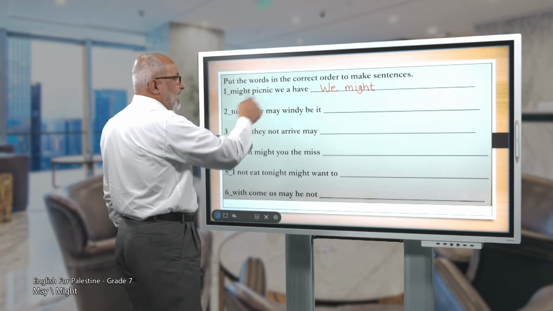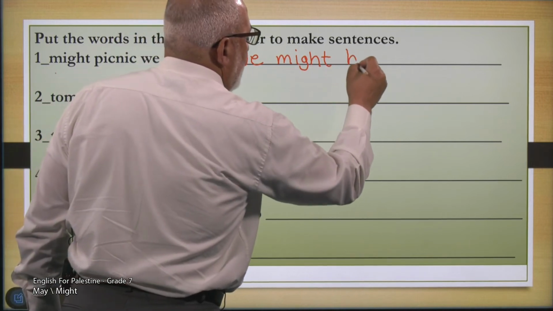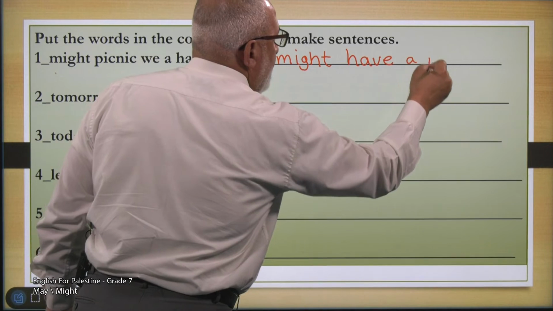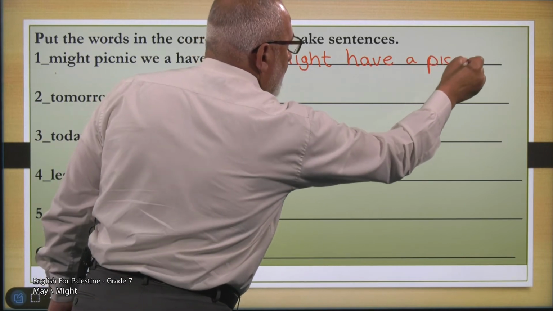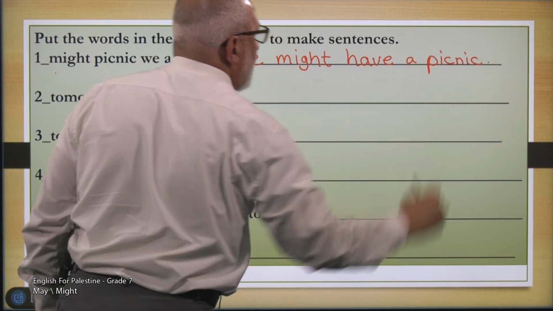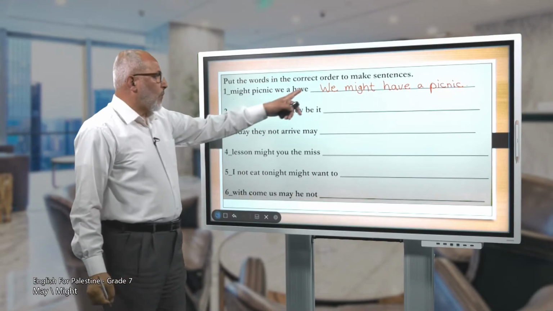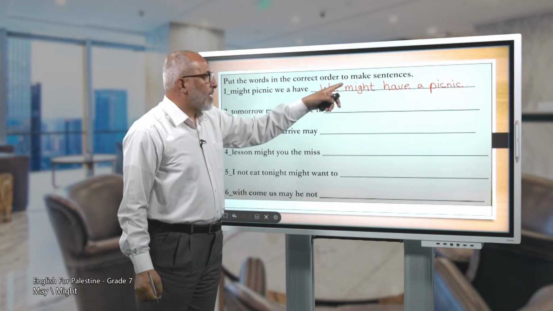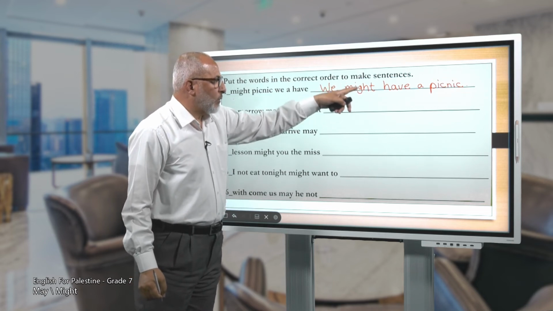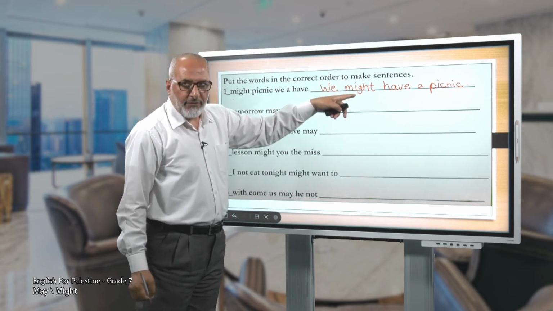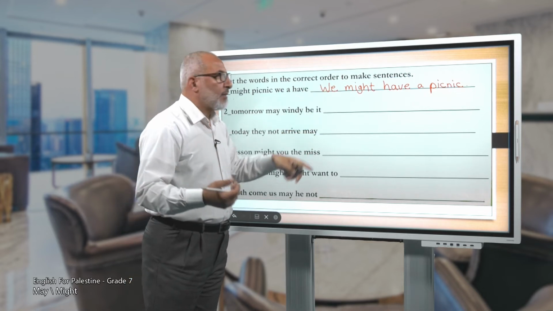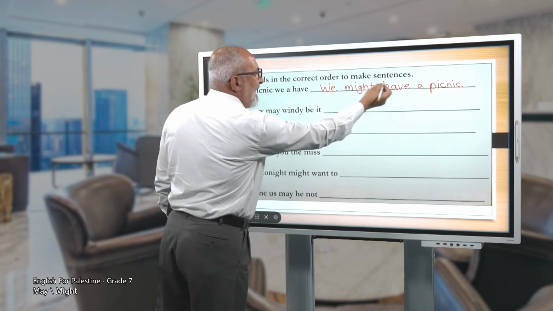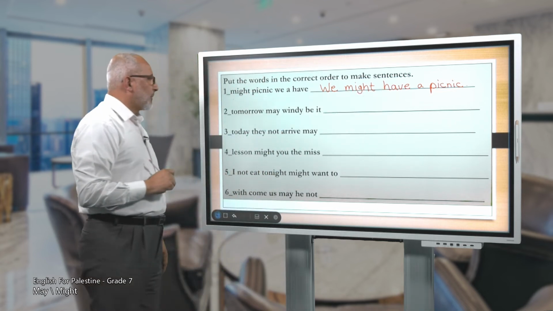So the verb here is have. And then a picnic. So we might have a picnic. We is the subject, might is the modal verb we use to talk about possibility, and here the verb is have. Might have. Great.